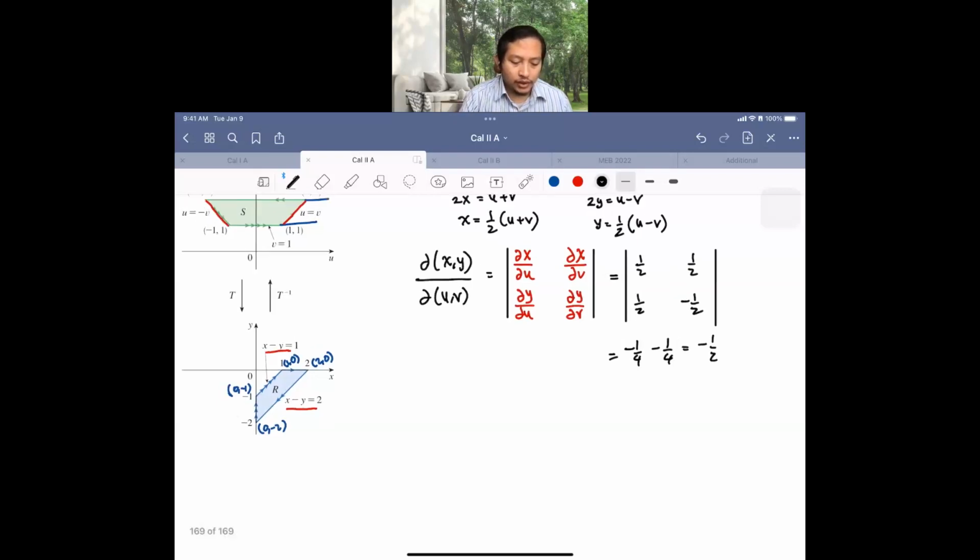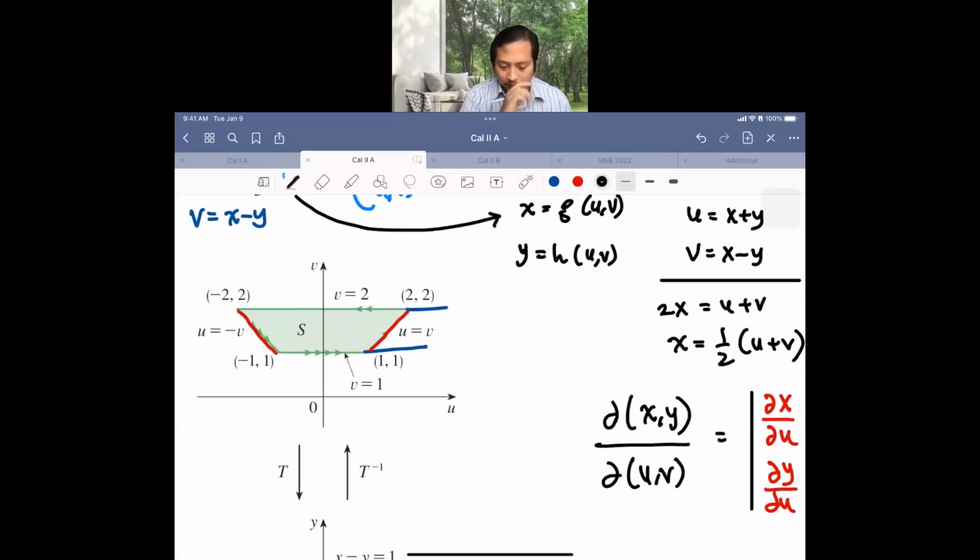Now if we look here, we have the conditions that, as I said before, we are going to let the outside integral, the last one, be v, because it's a constant, and the inside integral will be u as a function of v.